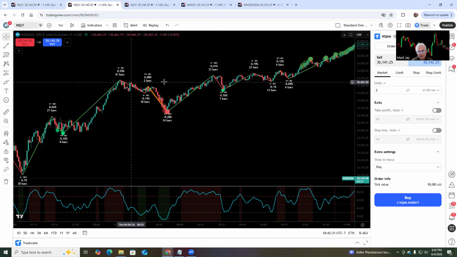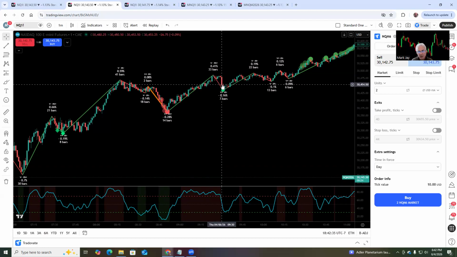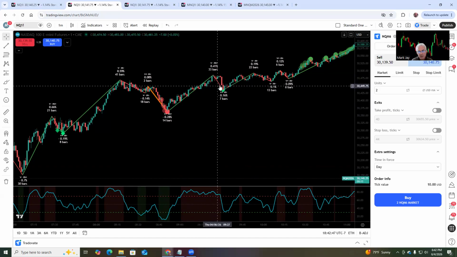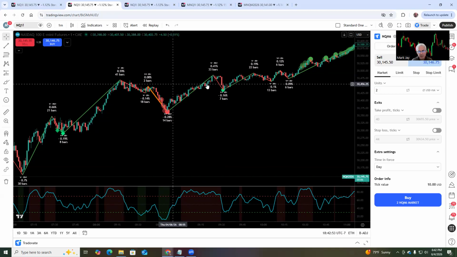In fact, if we exited on that bar, look over here to the left, that's exactly where the top of this swing went. You see the relationship between our exit and the liquidity over here in the market.